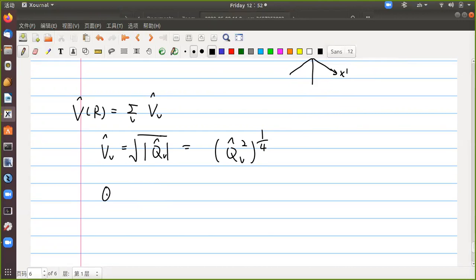Okay, and then this QV hat, it's just you replace the previous P by P hat. Okay.